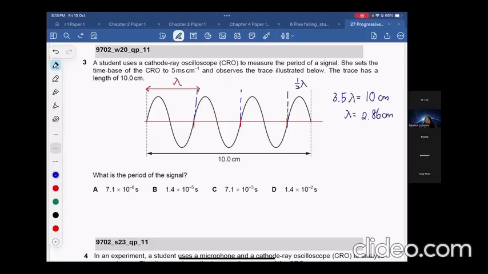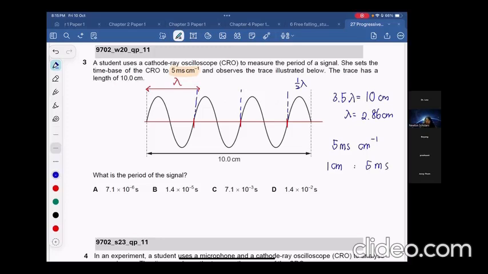Now you have to ask yourself, one complete wavelength is 2.x6 cm. What is your period? Now you look at this. The x-axis, the time base, is 5 millisecond per cm. That means 1 cm is 5 millisecond, right?